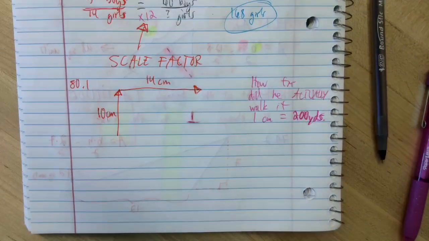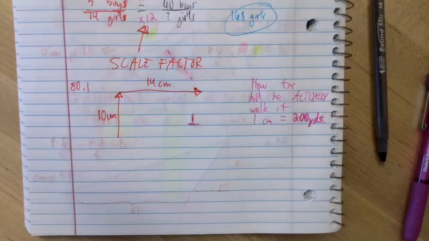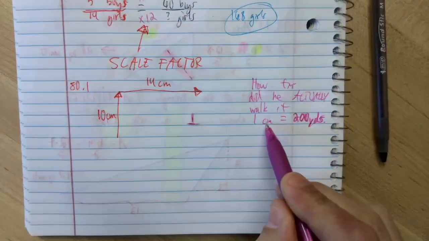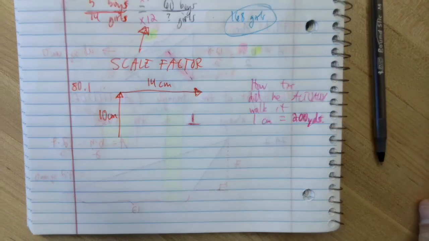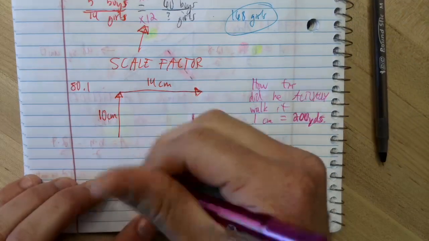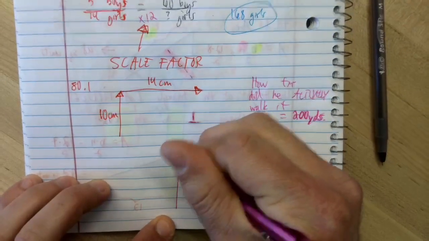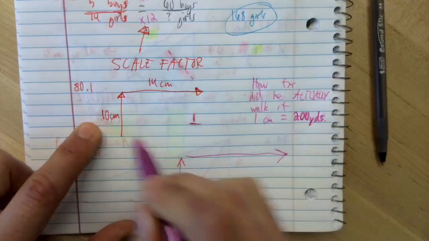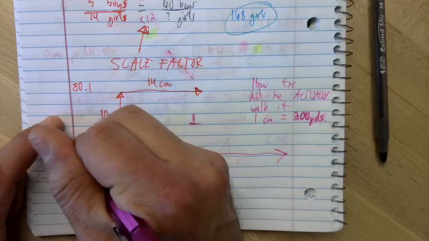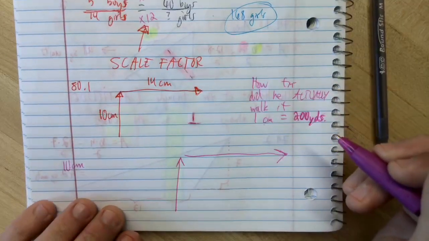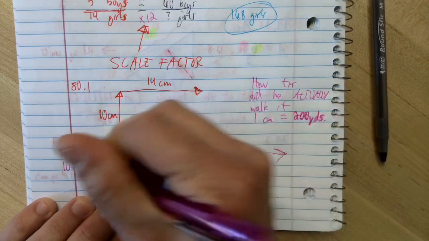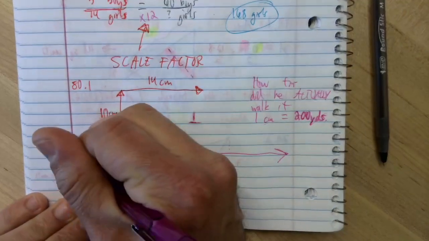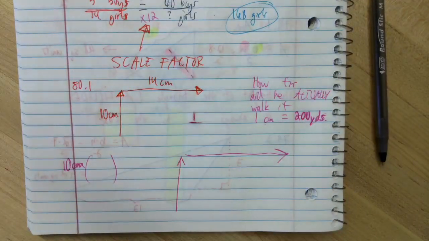So, here's what we have to think about. If 1 centimeter equals 200 yards, how far do we actually walk? I'm going to take 10 centimeters and multiply by the scale factor.